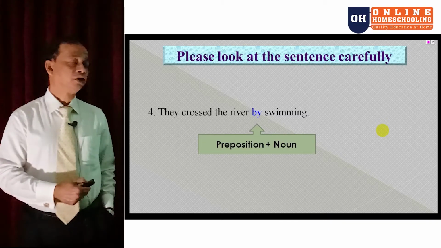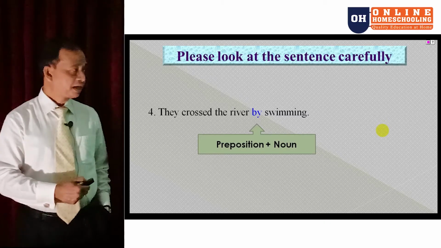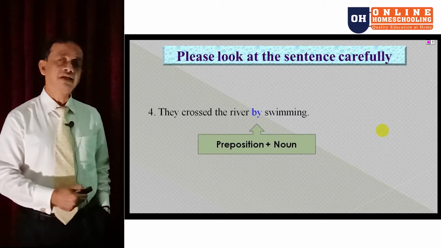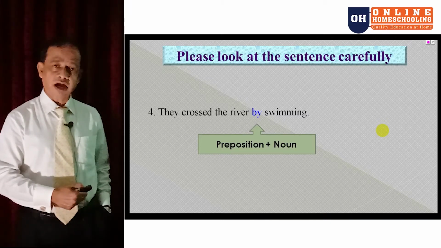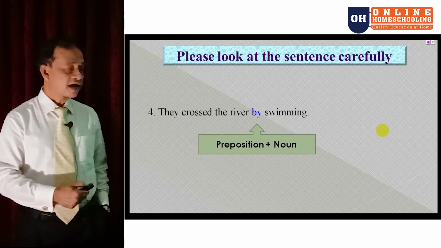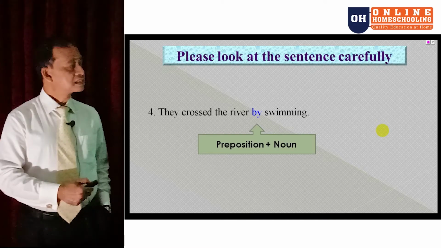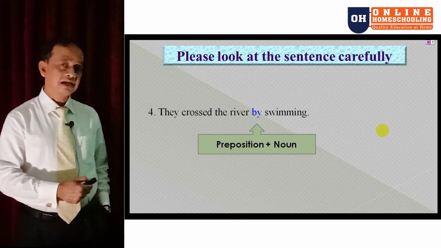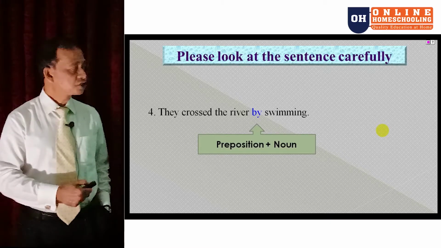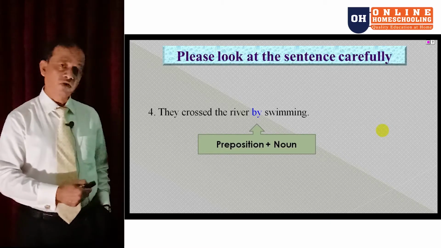I am sure you know that by is a preposition. Pre means before, position means sit. So a preposition sits before a noun. So by swimming. Since by is at the front of swimming, swimming is obviously a noun.